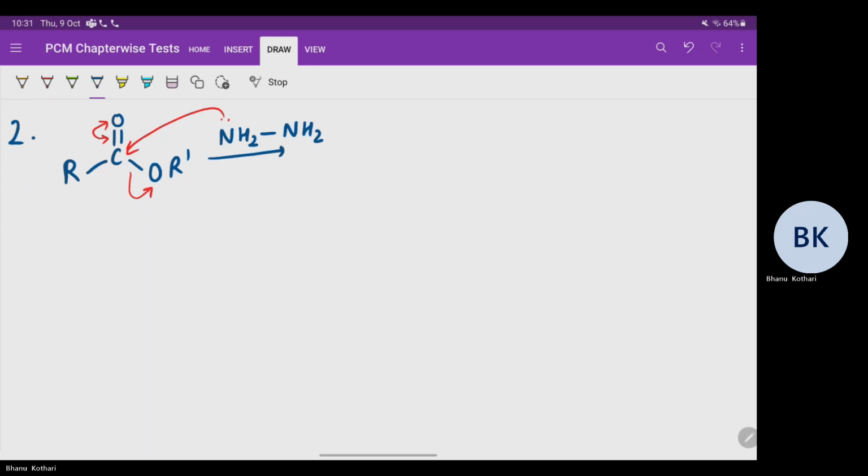RCONHNH2. Okay. Now, this is a hydrazine derivative of a carbonyl compound, and here a rearrangement can take place.